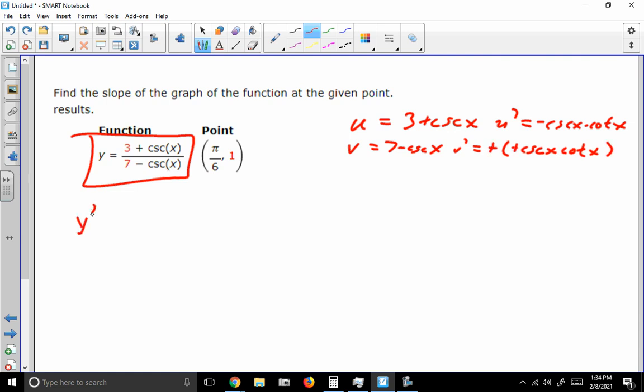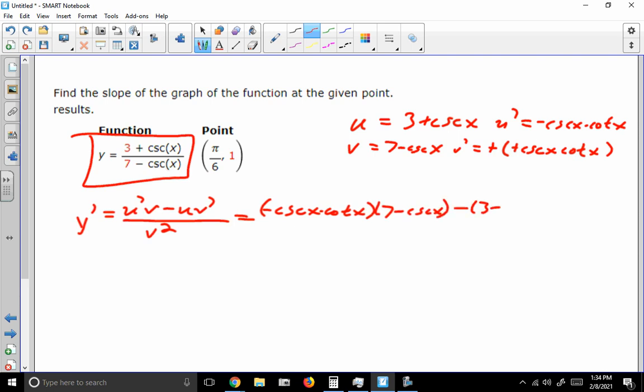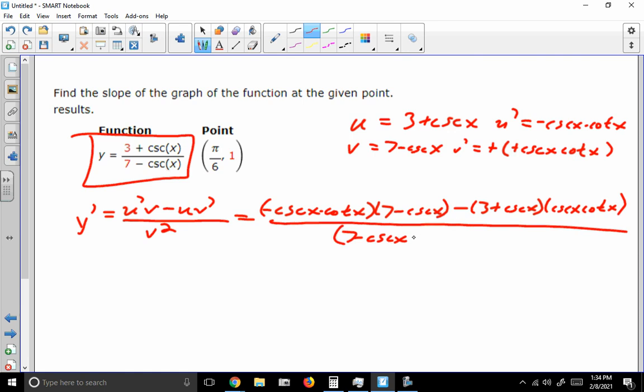So remember, the derivative of a quotient is u prime v minus u v prime over the denominator squared. So put in u prime, put in v, minus u times v prime, all of that over the denominator to the second power.